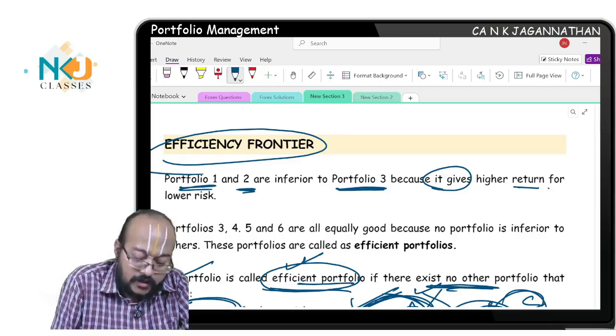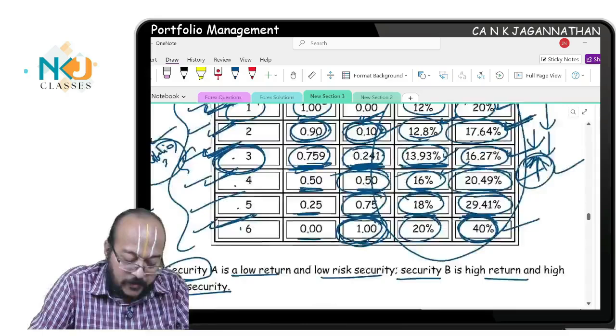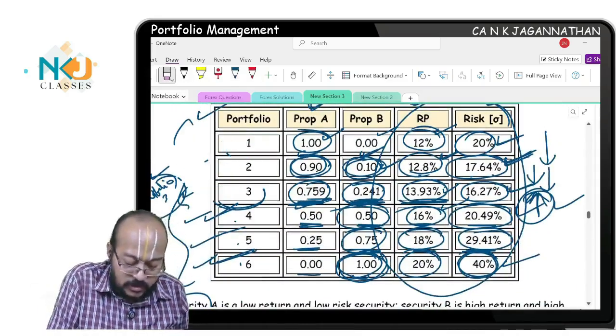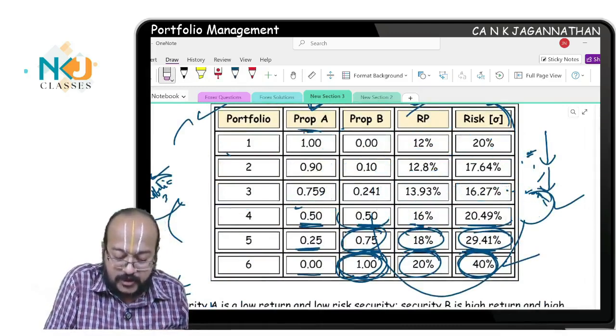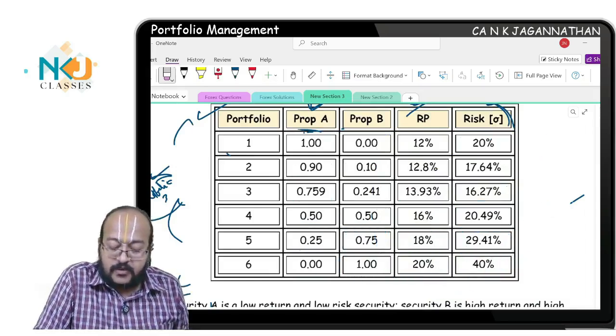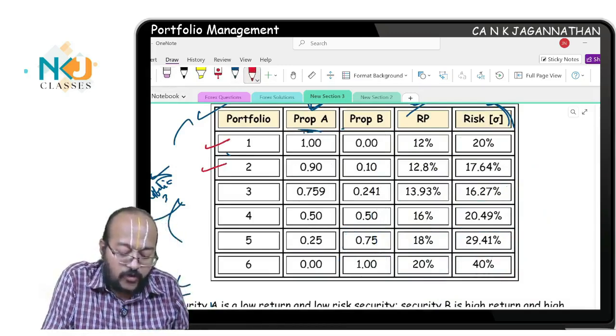So now I will say what happened in this case. You need to understand what happens. These 6 securities I have given; carefully observe what is happening. Now see, there is portfolio 1, portfolio 2, portfolio 3.